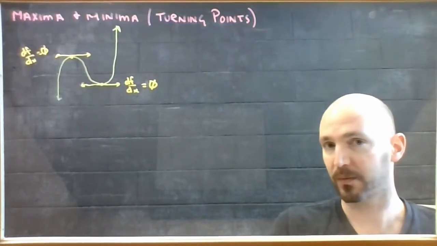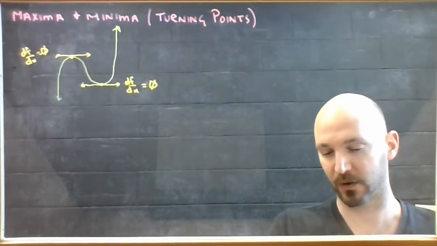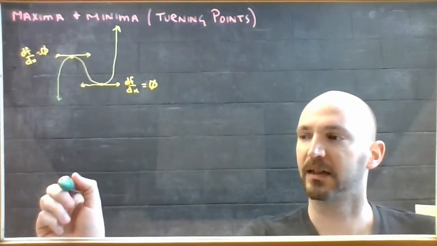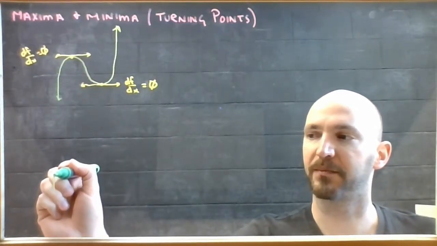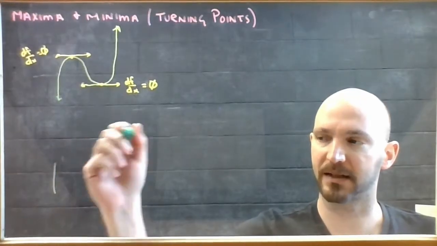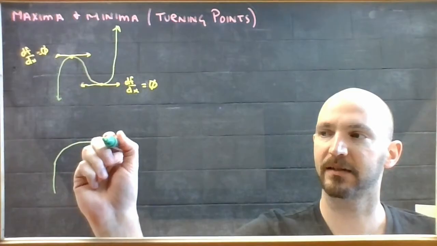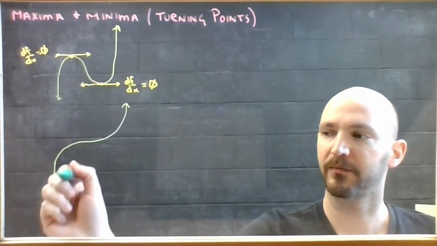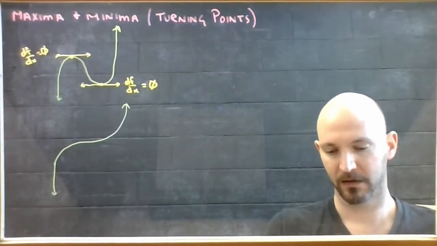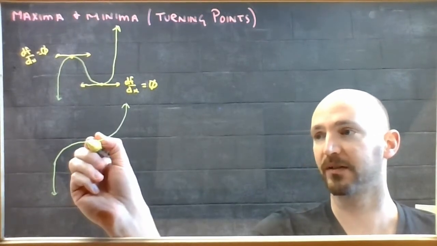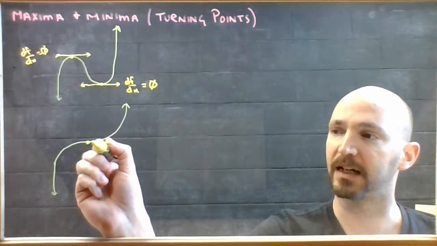There is a third way this could show up. I'm going to have to try and draw it. It's a little touch more exotic. It is if you had a cubic that came up, and instead of having a max and a min, it transitioned like this. That place as well, if I were to draw the tangent, would be completely flat.